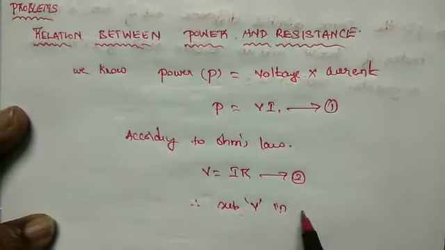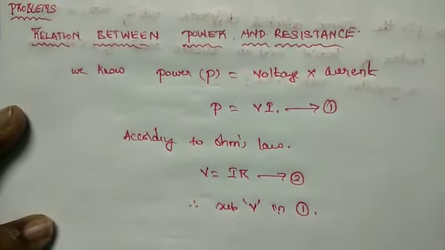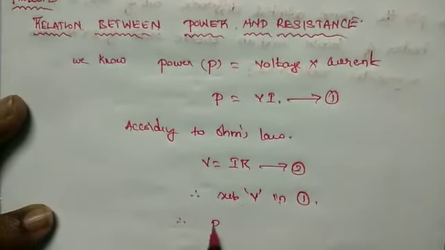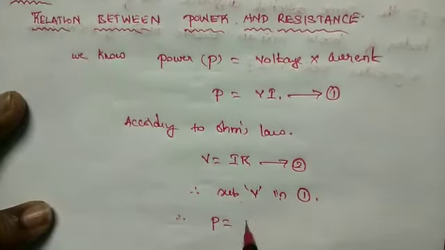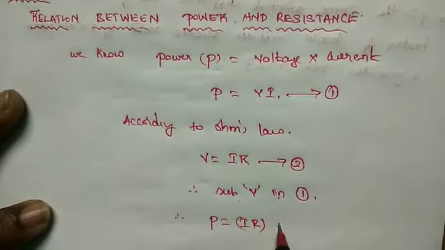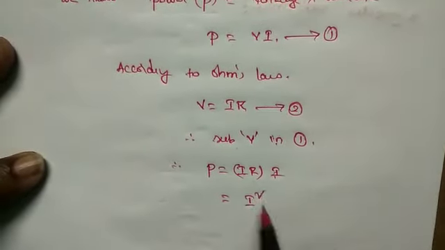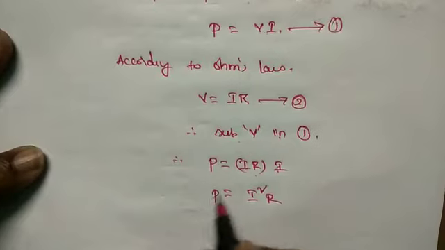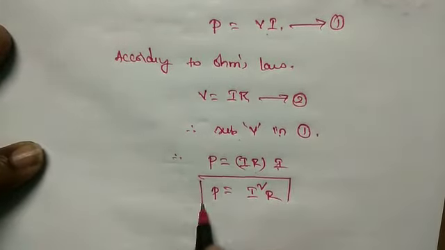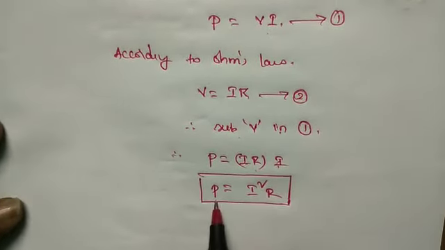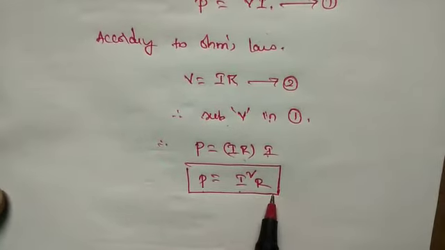Substituting the V value in equation 1, P is equal to IR into I, which is I into I, that is I square into R. So the relation between power and resistance gives another formula: P equals I square R.